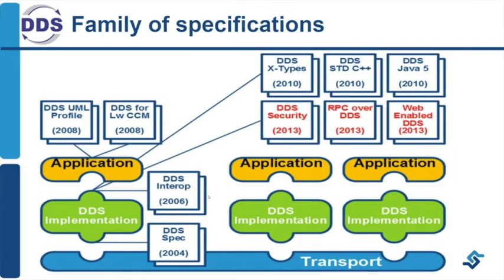DDS is really a family of specifications. It's a specification of an API, but also the specification for the wiring interoperable protocol, and specifications for dynamic types, security, remote procedure calls, mappings to different languages, web-enabled DDS, XRCE-DDS, a lot of different specifications.